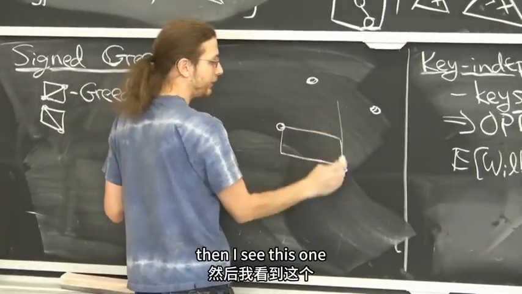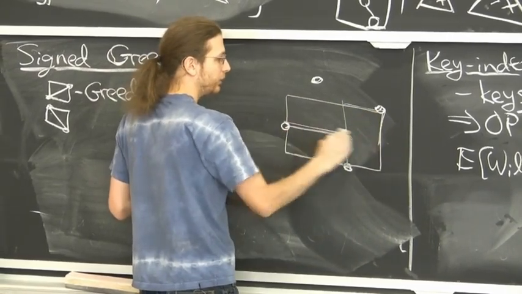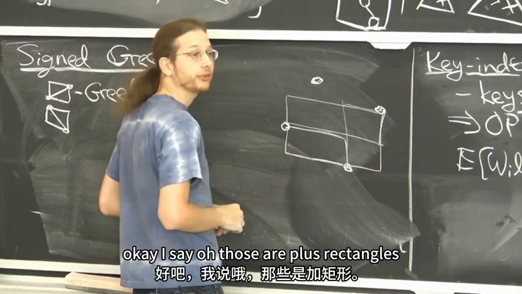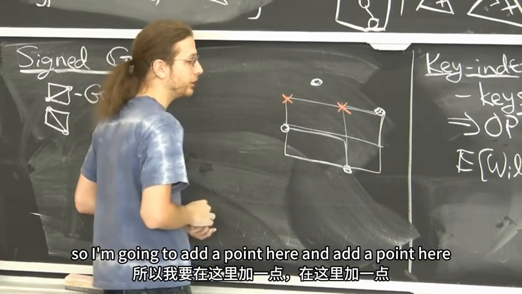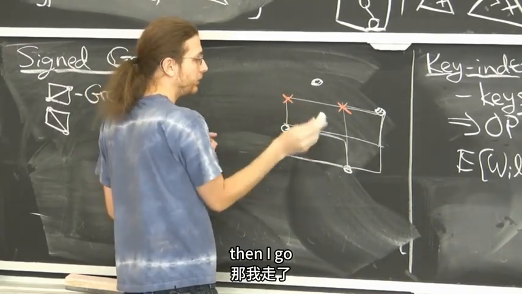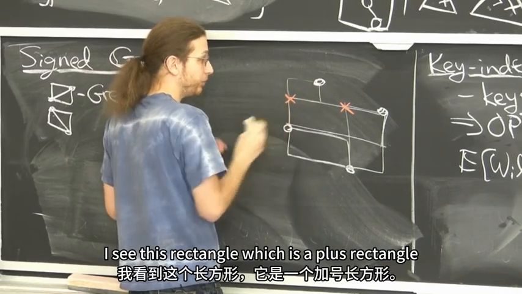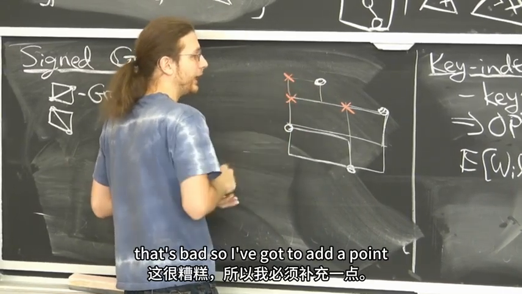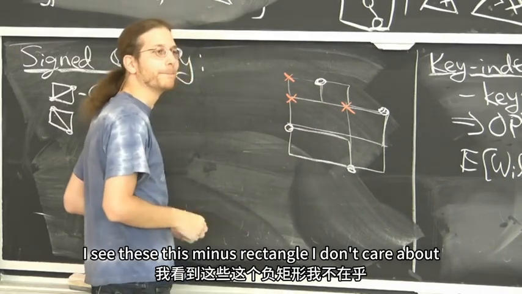Then I see this one and this one. Those are plus rectangles, so I'm going to add a point here, and a point here. Then I go up to here. I see this rectangle, which is a plus rectangle. That's bad, so I've got to add a point. These minus rectangles I don't care about.